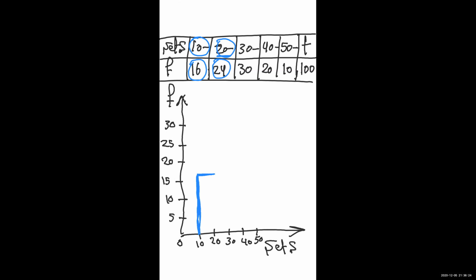So from 20 to 24, like this, till 30. Then 30 and 30, so 30 and 30 till 40. The next, 40 and 20.